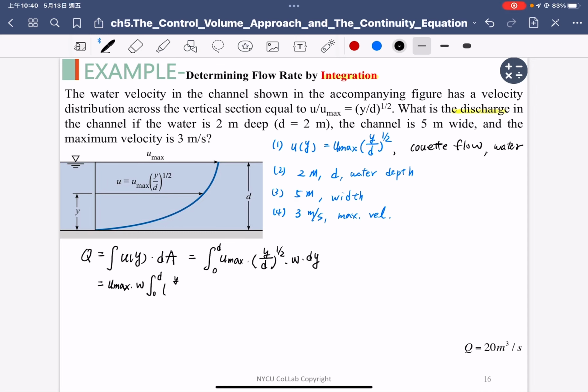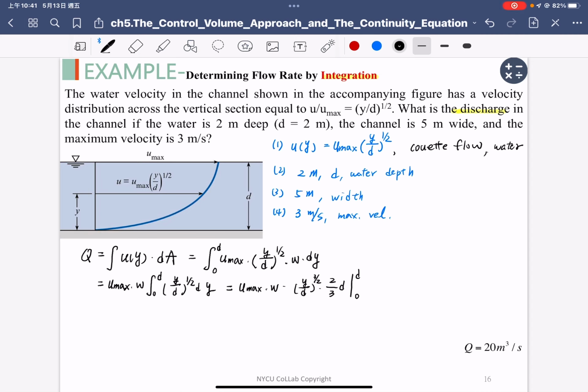Inside we only have (y divided by D) to the power of 1/2 and dy. So the integration result is u maximum times width times (y/D) to the power of 3/2, with an additional constant of 2/3 and an additional D outside after we do the differentiation, with the interval from 0 to D.